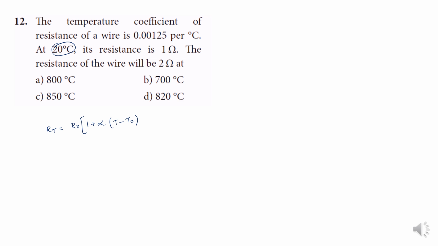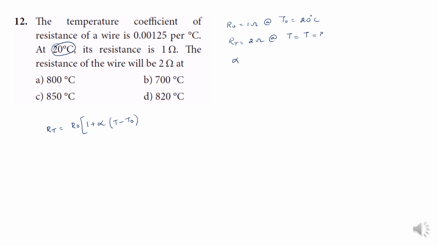That is asked. Let us write here. R0 is equal to 1 ohm at T0 is equal to 20 degrees Celsius. R_T is equal to 2 ohms at temperature T is equal to some T. You are asked to find this temperature.